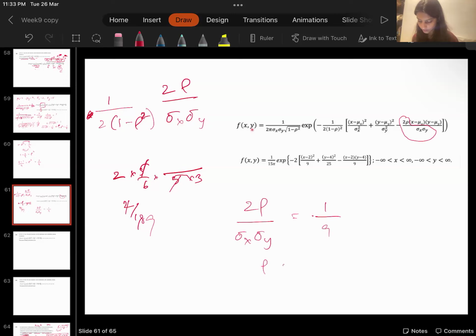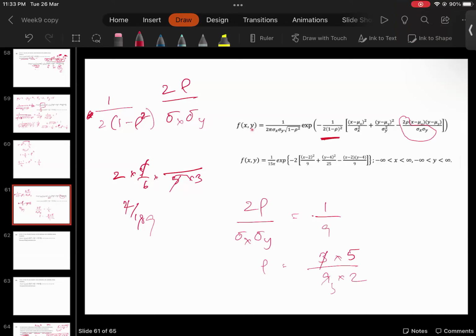So to compute rho, what do you need to do? Sigma x was 3, sigma y was 5. There is also another constant term in the expression, but let's just compute the rho term.